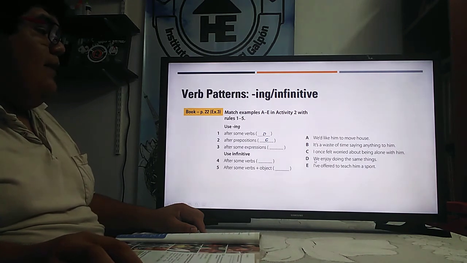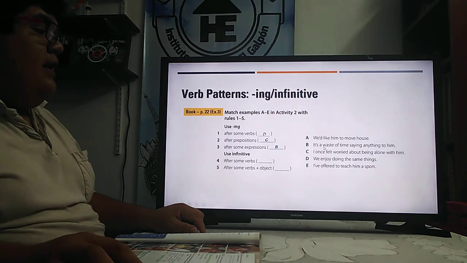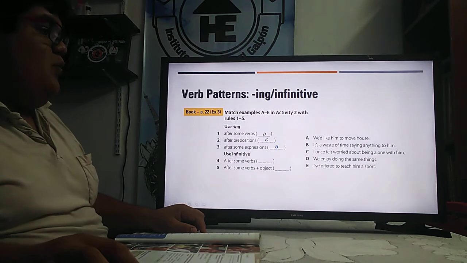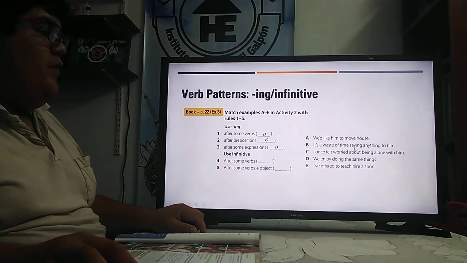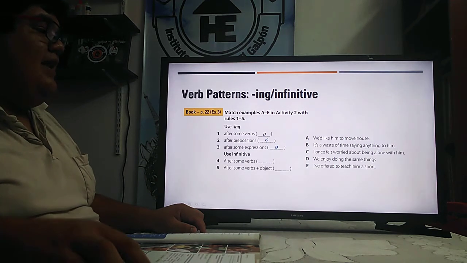And then after some expressions, like example B, it's a waste of time, okay? Waste of time is the expression, yes? After waste of time, we use a gerund or an infinitive form like here, saying. It's a waste of time saying anything to him, okay?